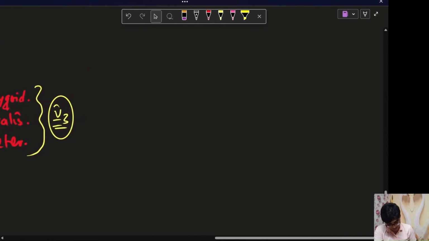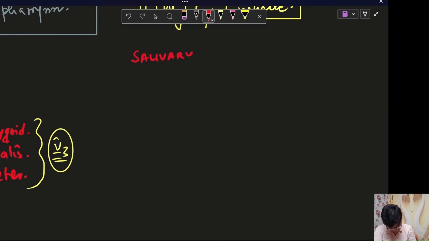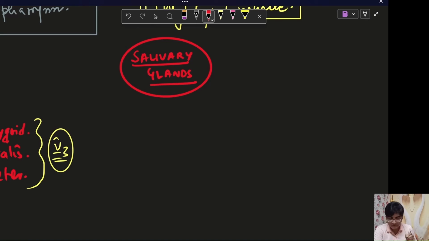Now, coming to the next point of our discussion in this very part only, and that is about the salivary glands. Contributing in the salivation mostly and causing all those salivary amylase and lipases to help aid in breakdown of the carbohydrates and lipids present in the food fiber.